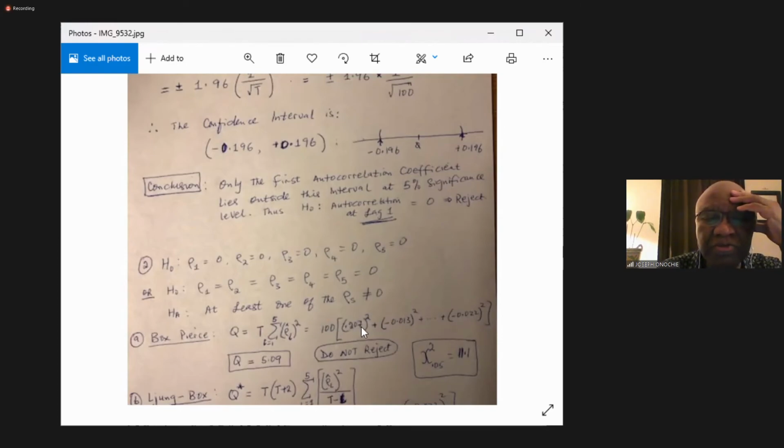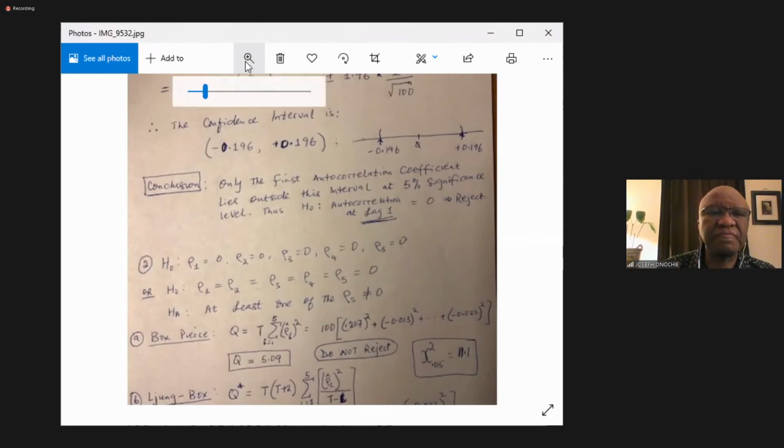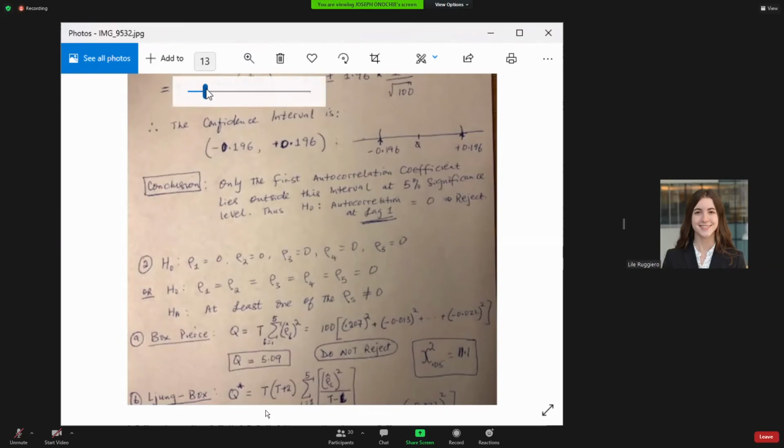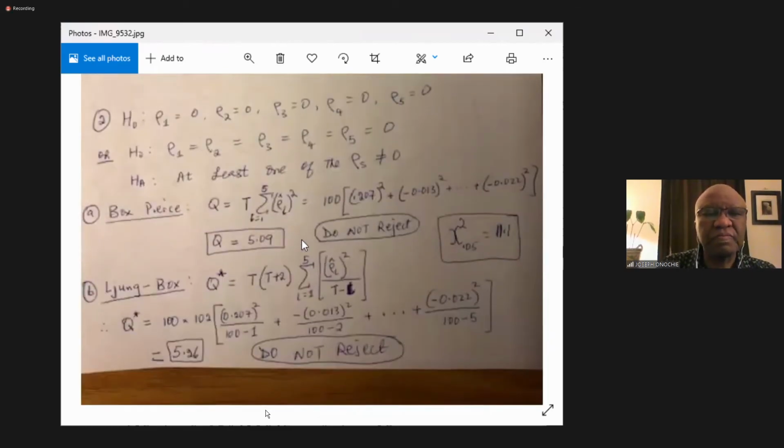So at lag 1, the autocorrelation is 0.207, so we square that. Plus, at lag 2, the autocorrelation is negative 0.013, we square that, up to lag 5, negative 0.022, I think, squared. Yes? Everybody following me? Okay. And if you multiply and add up everything and square everything and add up, the Q is 5.09.